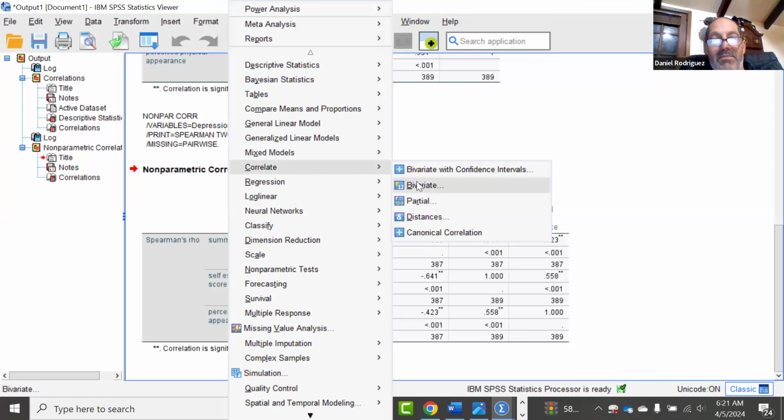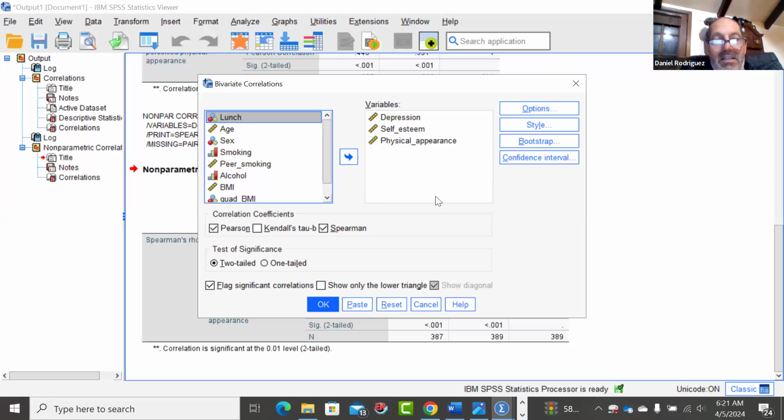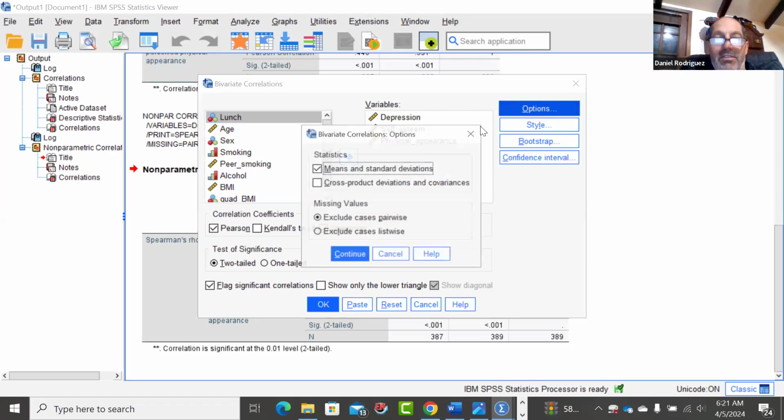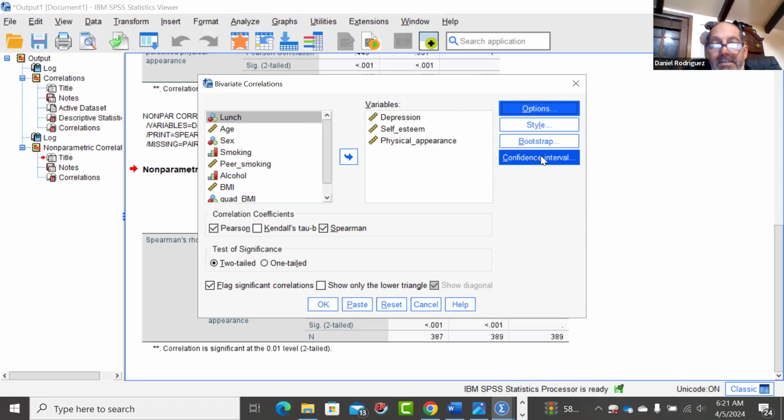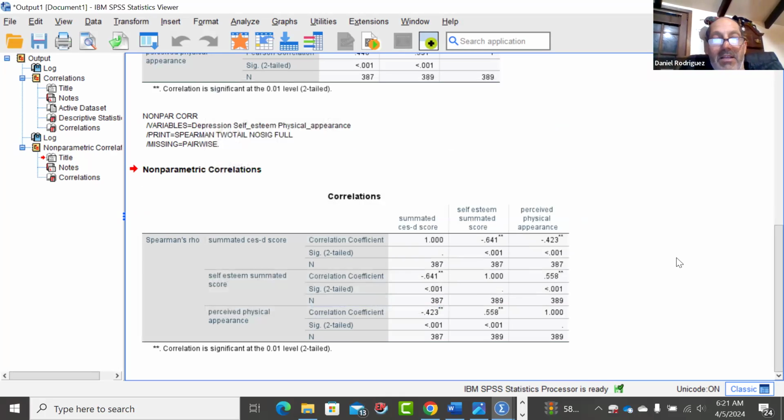Let me see if I can do that, but I don't know if SPSS has to give you everything. Show only the lower triangle. Oh, that's interesting. Options. I don't know if I can give you that. I guess it has to show you these significance values. Okay, that's all right.